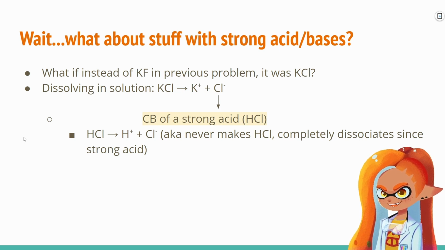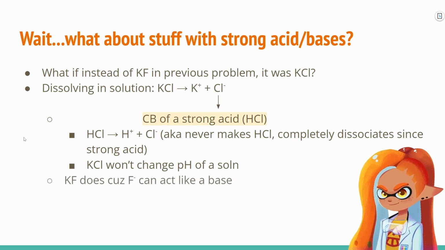So Cl minus is not going to do the opposite and make an acid eventually. It's not going to happen because, again, it's a strong acid. If it were to try to act like a base, KCl won't change the pH of a solution because it is the conjugate base of a strong acid. Again, you can't make a strong acid, so it's not going to change it.